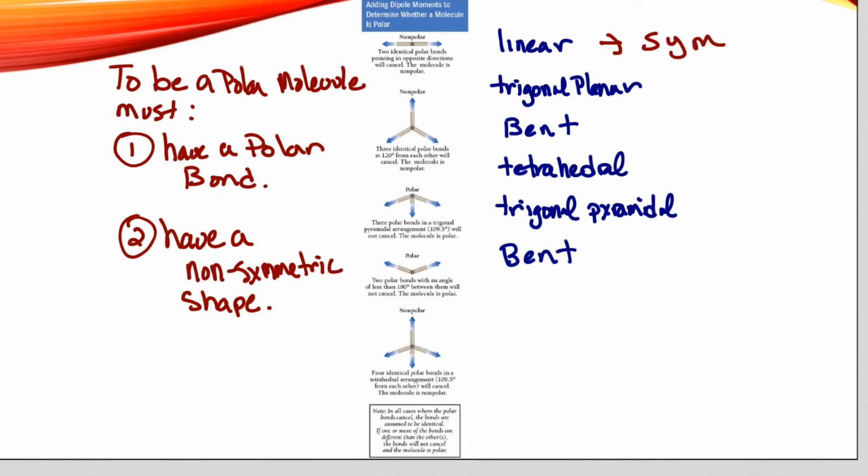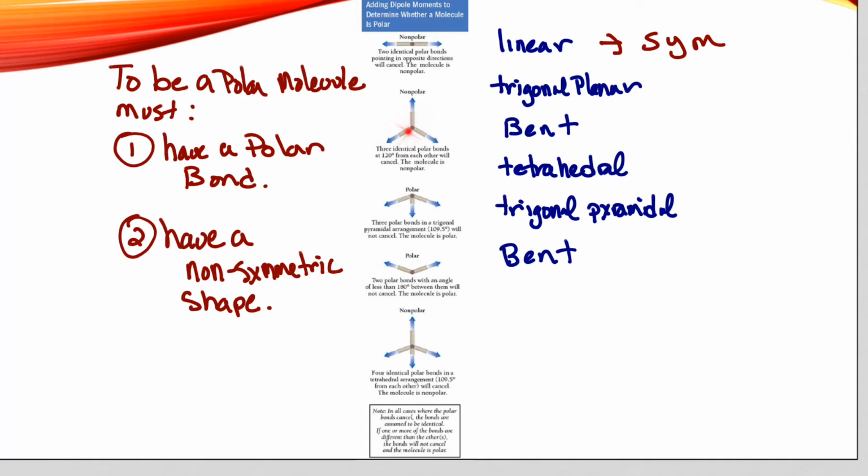is clearly symmetrical. A trigonal planar, right, is also symmetrical. One way to think about this is if you were to take a ball or a ring in the center here, and then have 3 people stand at exactly 120 degrees apart and pull exactly the same, this would not move, right?